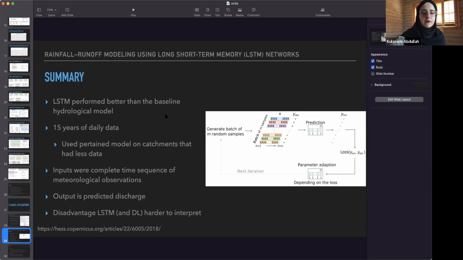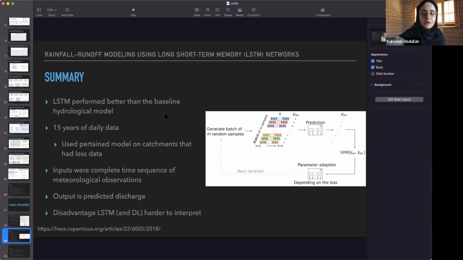They had a lot of data for one of them, about 15 years of daily data. They wanted to see if this could do better than the baseline hydrological model that was being used to predict the rainfall runoff. When they used the LSTM on the 15 years of data to predict, they did very well.